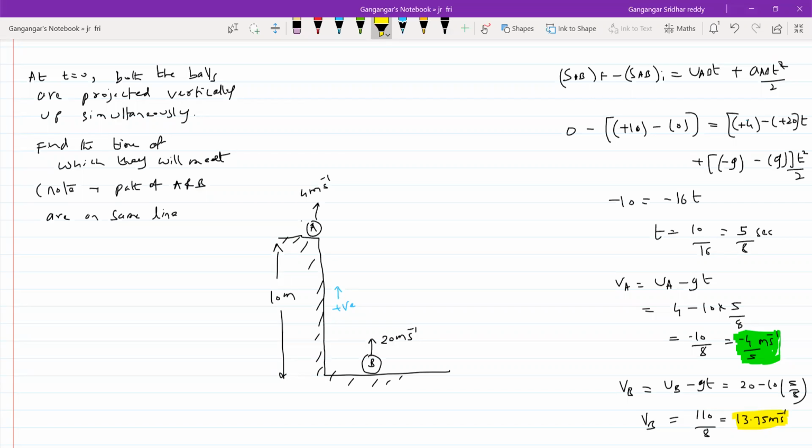Minus 18 by 8, sir. 4 8s are 32, no? 18 by 8, okay, I'll make the correction. 18 by 8, minus 9 by 4. Minus 2.25, sir. Minus 2.25.